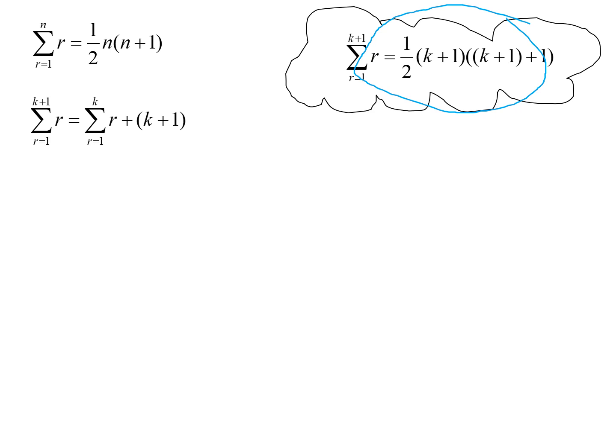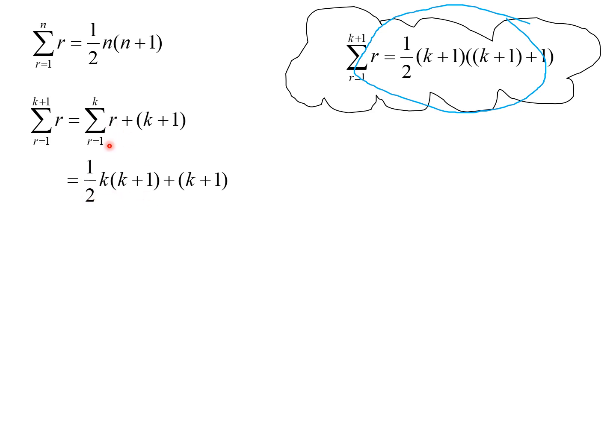So we will break it down: the sum of r from 1 to k plus 1 will simply be the sum from 1 to k plus the individual term, which will be k plus 1. That means you're substituting r as k plus 1 here. If we expand this further, we are going to get half times k plus 1.